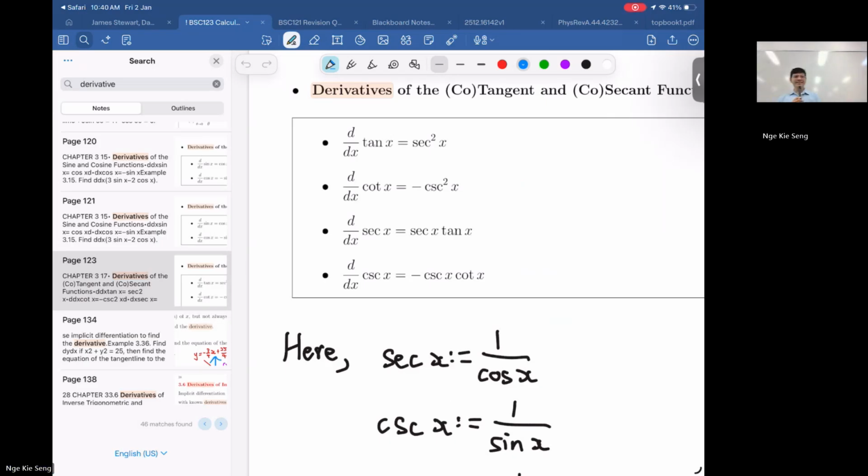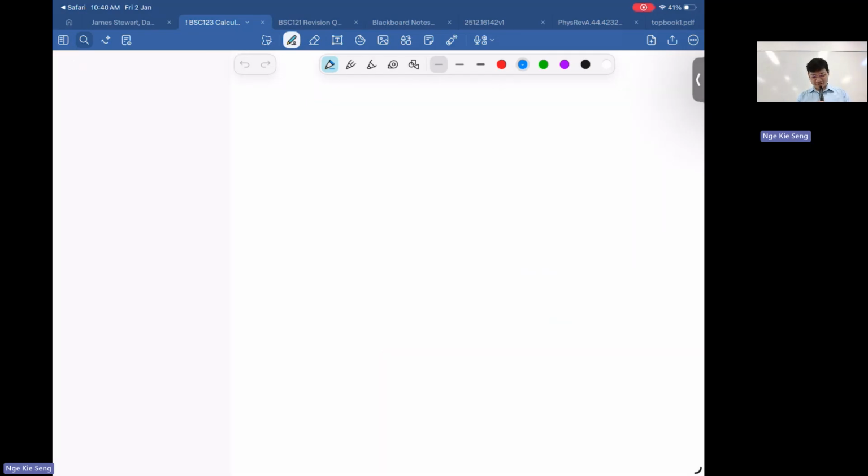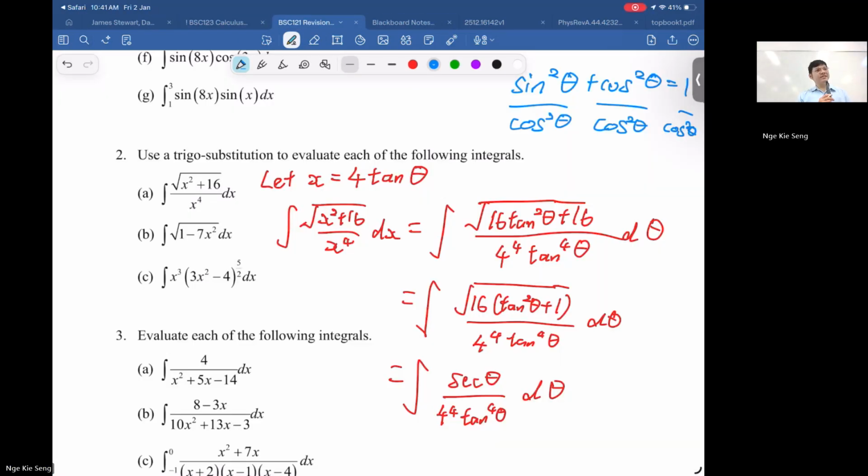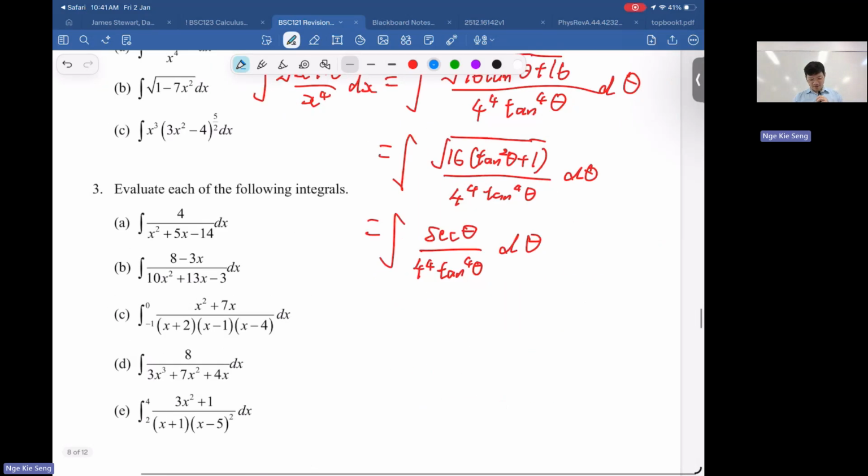Yeah, any idea? Sorry? Rewrite tangent. Let me think. How should we rewrite tangent? Oh, you break it down? Okay. So let's see.